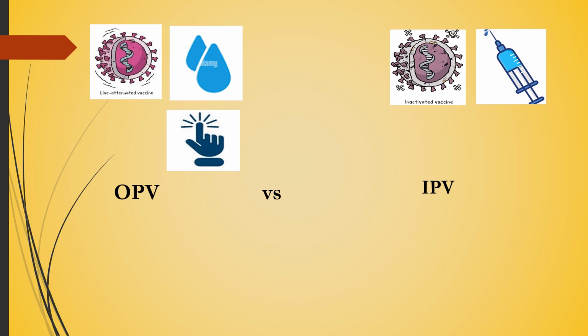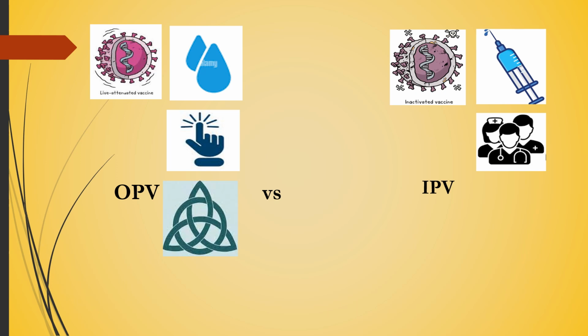Oral polio vaccine is very easy to use, and injectable polio vaccine needs a professional person. Oral polio vaccine gives protection for all three antigenic types, and likewise injectable polio vaccine also gives protection for all three antigenic types.